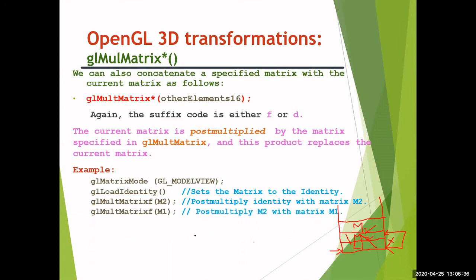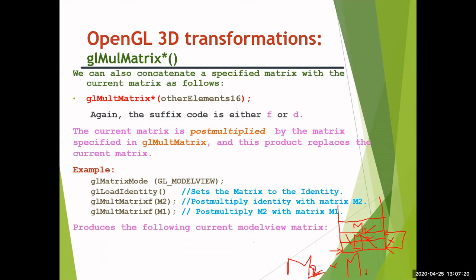Now again I'm telling it to please multiply this matrix with the current matrix. Whenever you say GL mult matrix, it gets multiplied. So the current matrix, M2, is post multiplied by the matrix I'm calling now, the same thing as in the first scenario, which is M1.